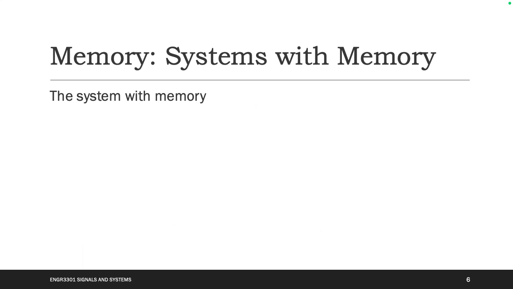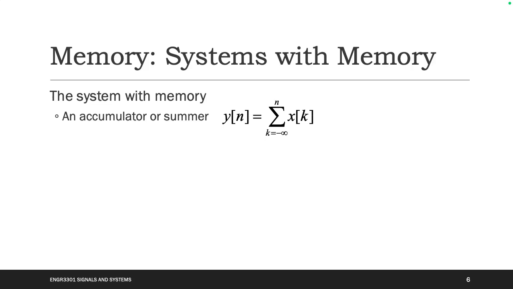Then let's talk about systems with memory, for example, an accumulator or summer. You can see this one. The output not only depends on the same time input, it depends on the previous input. So this one is a memory system.